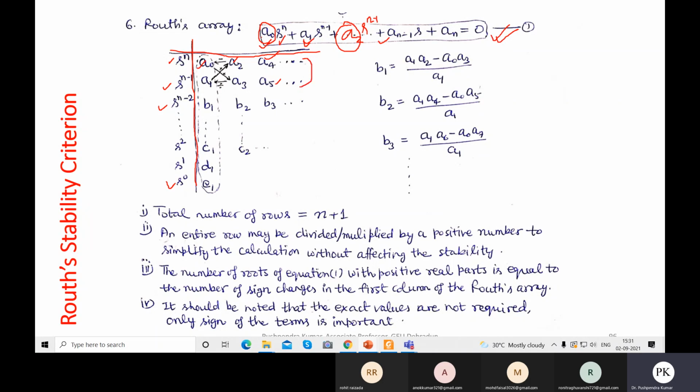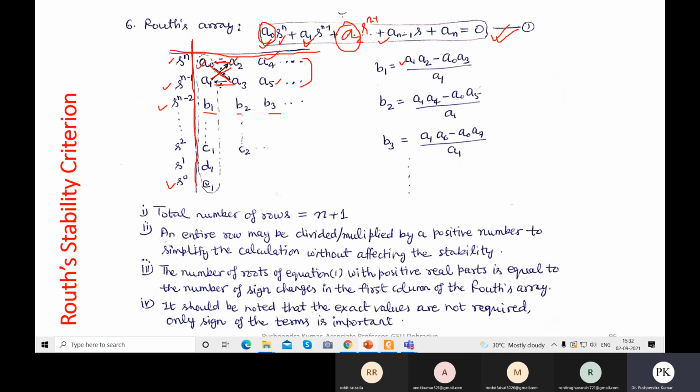After writing these two rows, in the third row you write b1, b2, b3. How do you calculate b1, b2, b3? It is the multiplication of a1, a2 minus the multiplication of a0, a3, divided by a1.